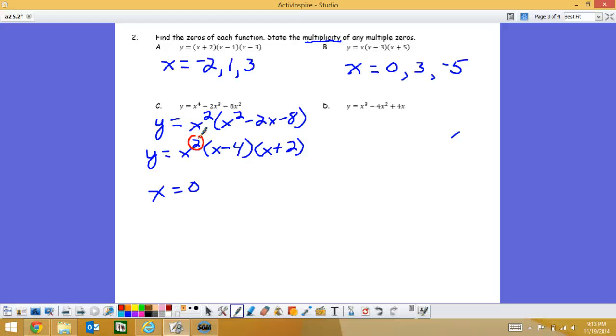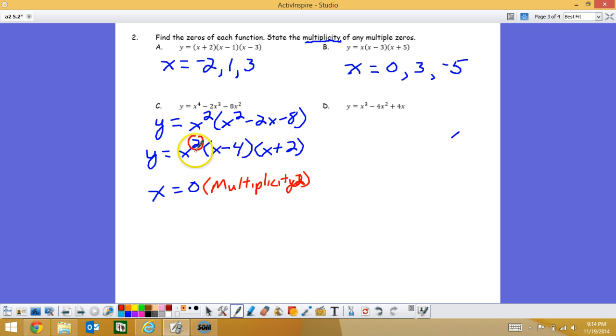In class, we'll look at what that means on the graph. But because that 0 occurs twice, we say that that 0 has multiplicity 2.